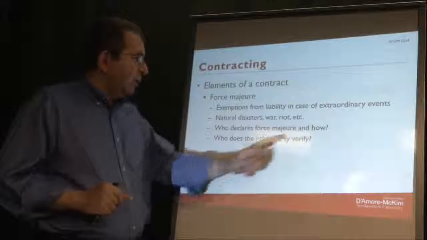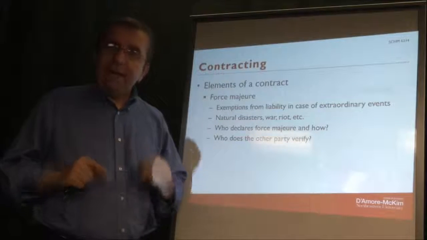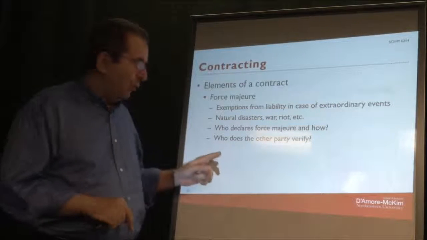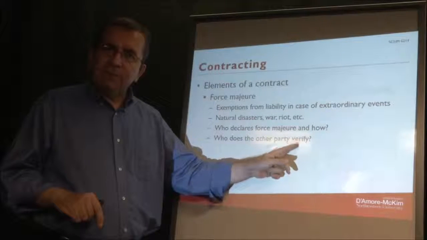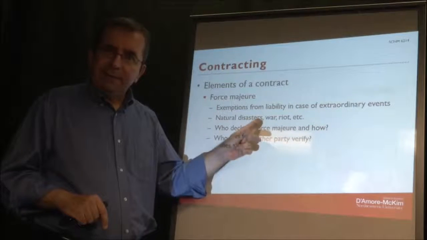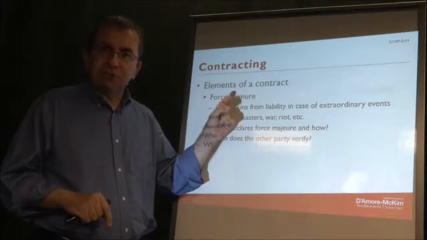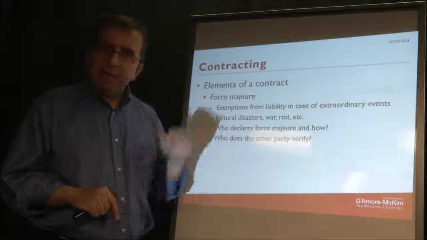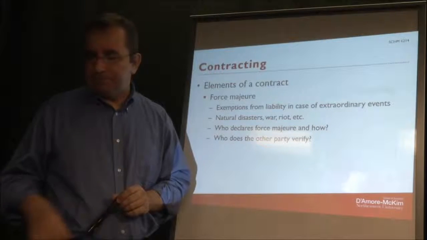And how will the other party be notified? And how will the other party know that it's actually a force majeure? How will the other party verify that this is actually truly a force majeure situation? These should also be specified in a purchasing contract.